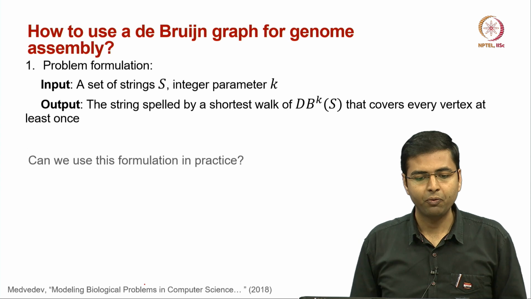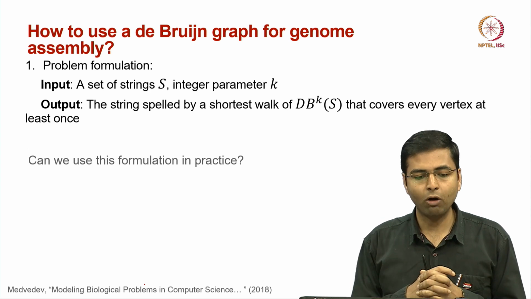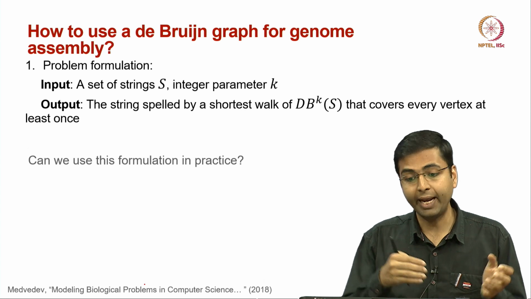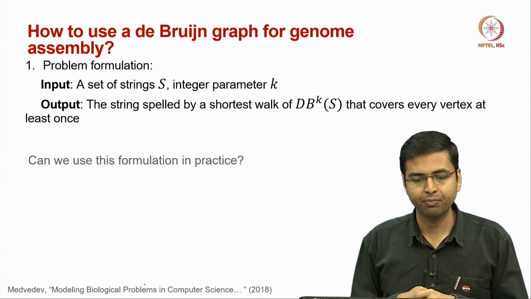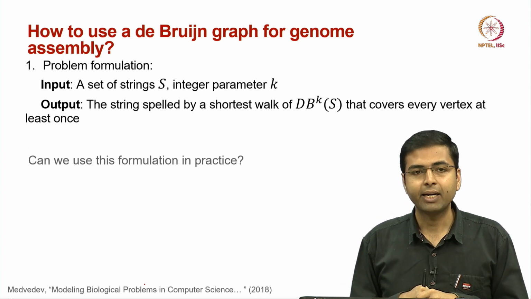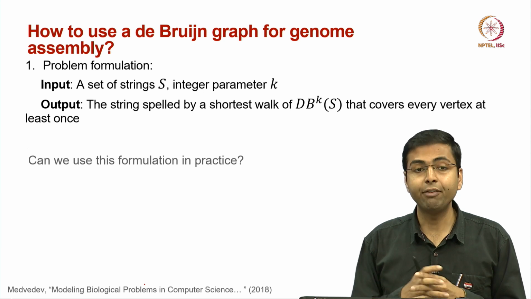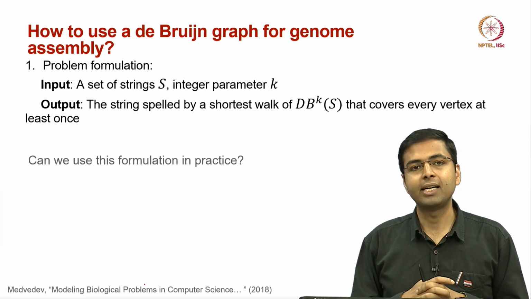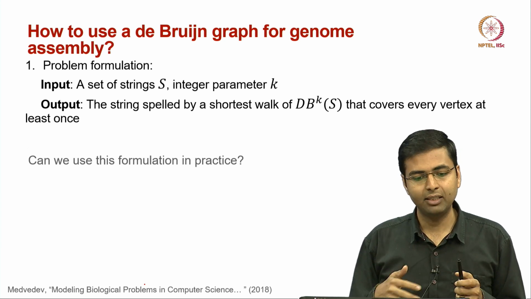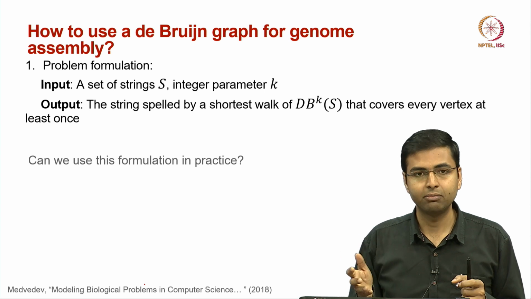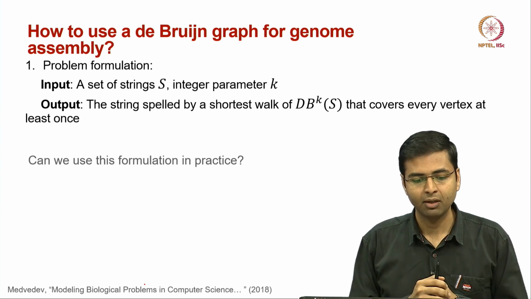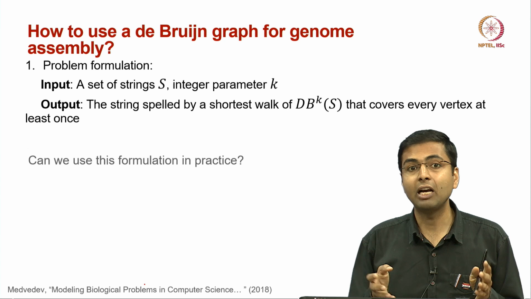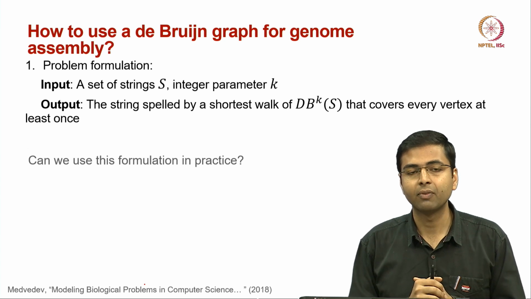Now, we have established that this problem can be solved efficiently usually by transforming it into an edge covering shortest walk problem. But another important question is, can we use this formulation in practice? That is, if we apply this on real data that is satisfying our assumptions, then can a biologist trust the output of this algorithm?